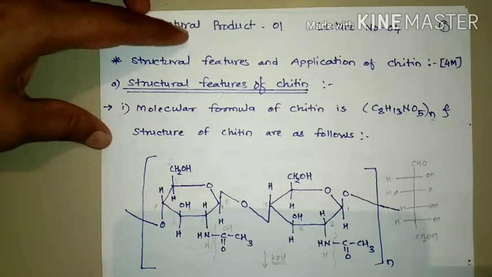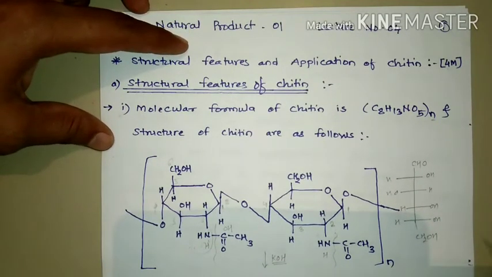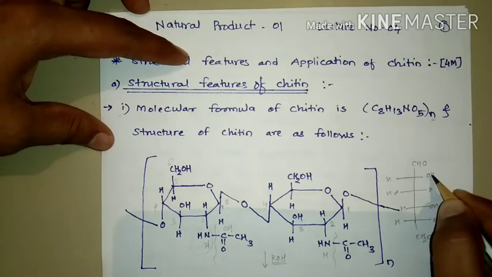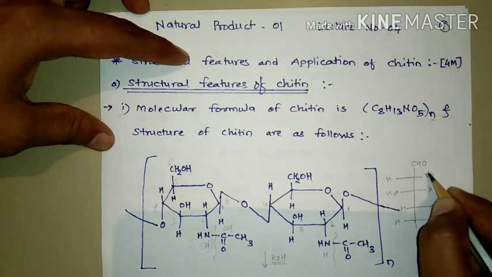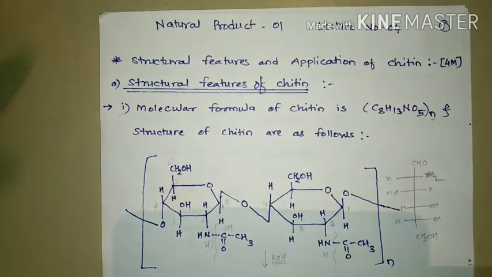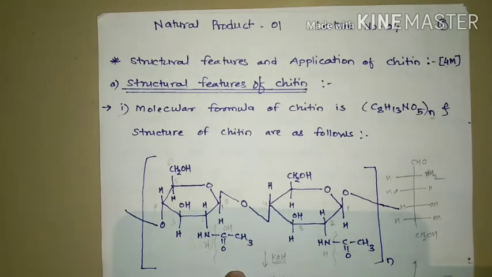How to identify that the glucose molecule is formed into D-glucosamine: the second position OH group is replaced by NH2. So this chitin molecule is fused with KOH, then chitosan is formed, and after acid hydrolysis it gives D-glucosamine. Simple.